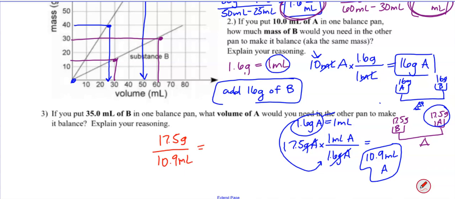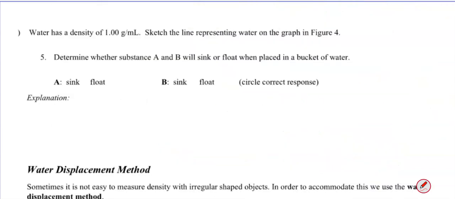Let's see, I'll just divide. 17.5 divided by 10.9, there you go, 1.6 grams per milliliter. So you can always check your answer. Your ratio should always be the same ratio as your density. Always, always, always. Okay, let's turn the page.